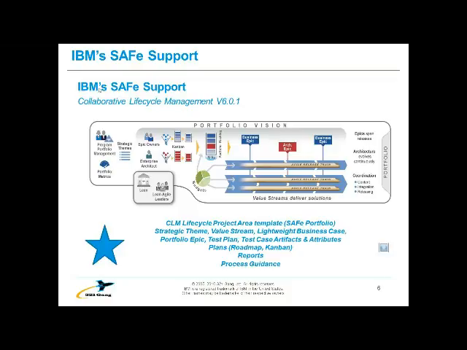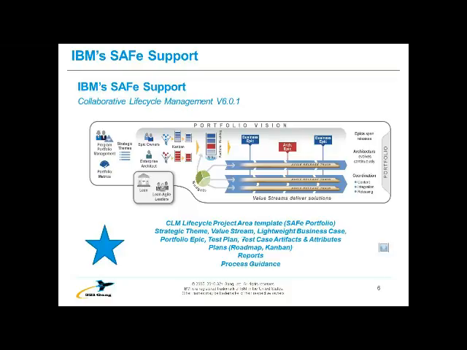You get things like a strategic theme that you can fill in, value stream, some of the lightweight business case objects, and the epic, the portfolio epic. You get test plan and test artifacts that go into the quality management testing applications. You get the attributes to the CLM work items that are part of the SAFE template, as well as reporting and process guidance.